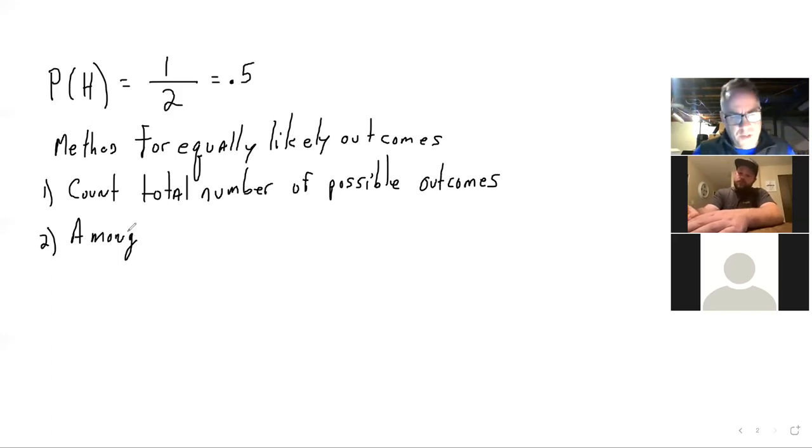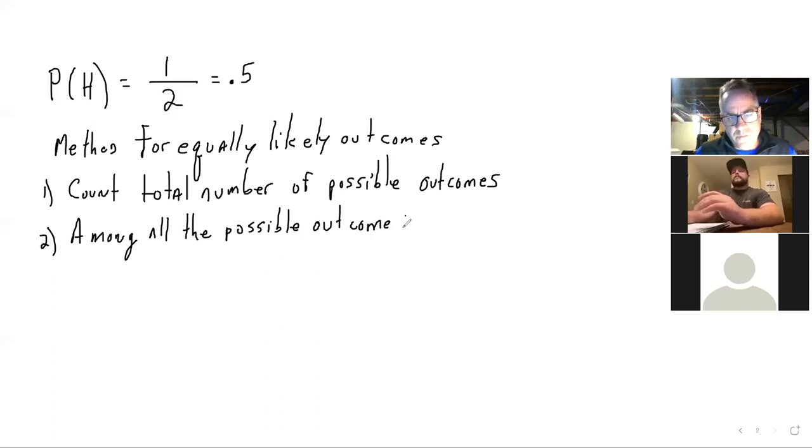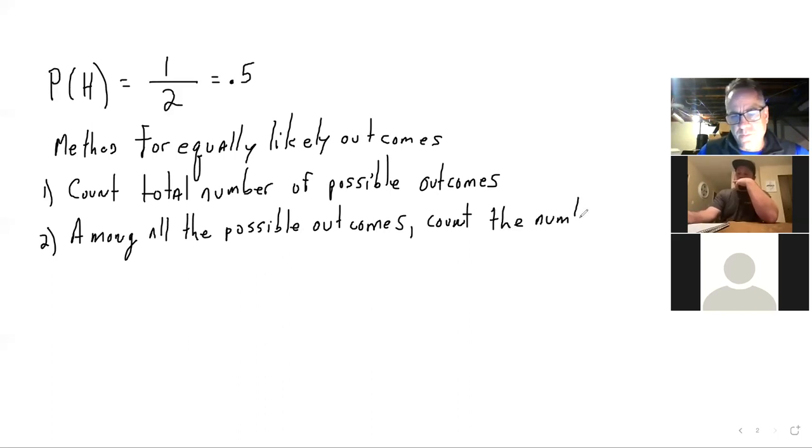Among all the possible outcomes, count the number of ways the event of interest that you're interested in can occur.